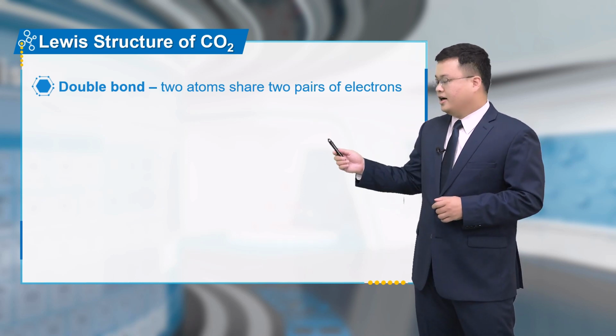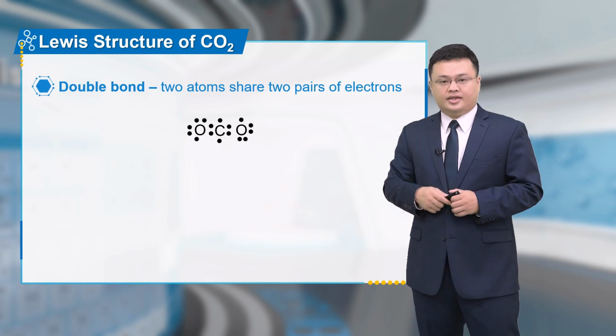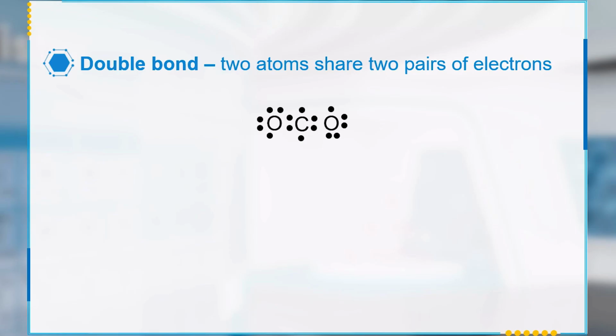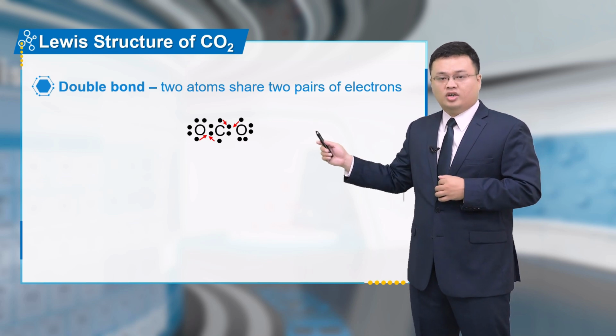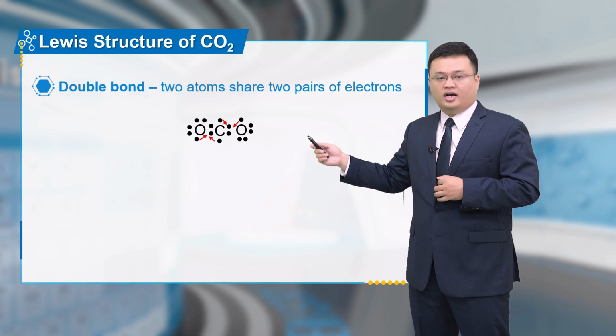First, let's apply the idea to carbon dioxide. From the Lewis symbols, we see that the carbon atom can share a valence electron with each oxygen atom, thus forming 2 carbon-oxygen single bonds. This leaves the carbon atom and both oxygen atoms still shy of an octet.